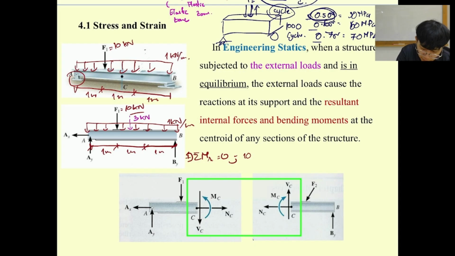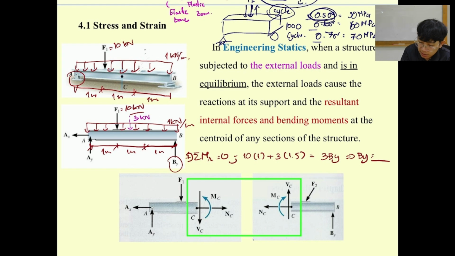Which means if I would like to find the reaction By over here, I'm going to get 10 multiplied with 1 meter plus 3 multiplied with 1.5 equal to 3 By.